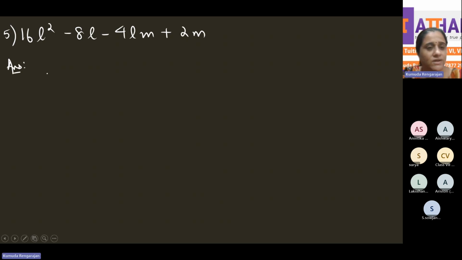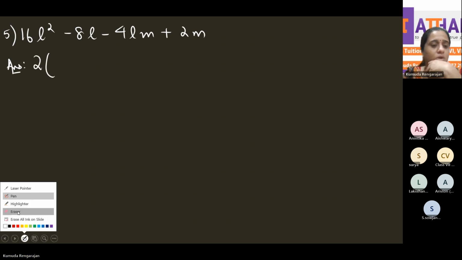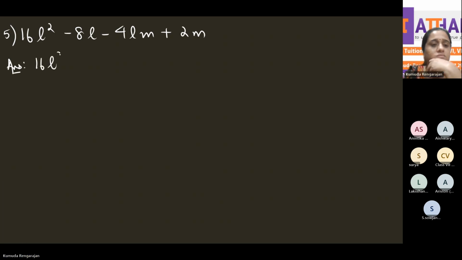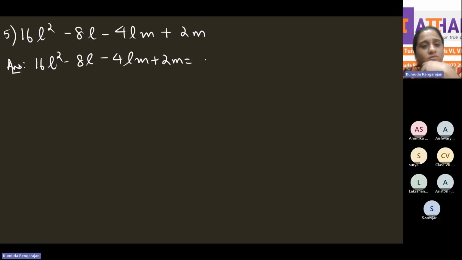What you can also remember is that if all the four terms have something in common, take out the common factor first. Now all these terms have 2 in common.